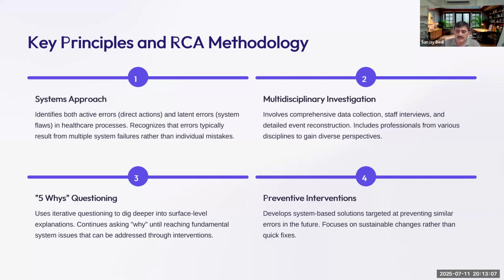And then there are preventive interventions, and with this we develop some solutions and prevent the errors in future and focus on sustainable changes. We will discuss all of them live when we go to the RCA.